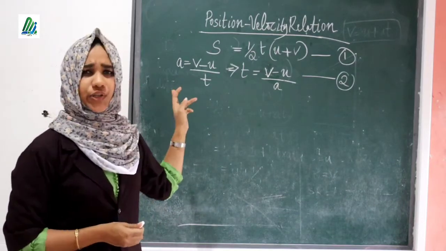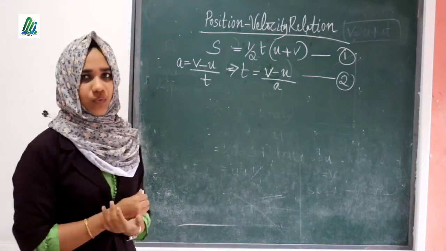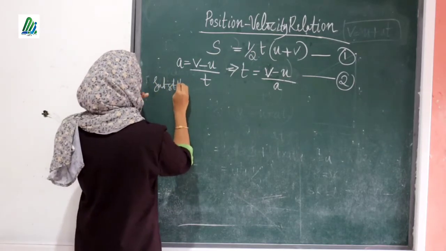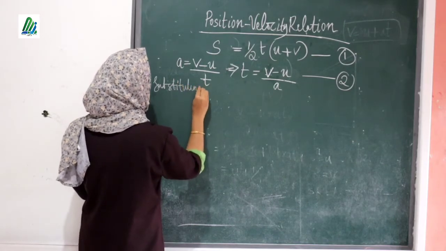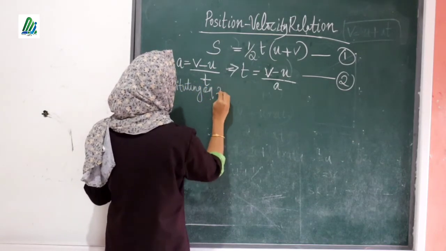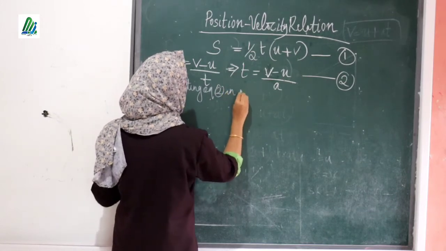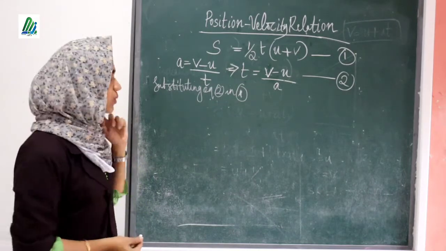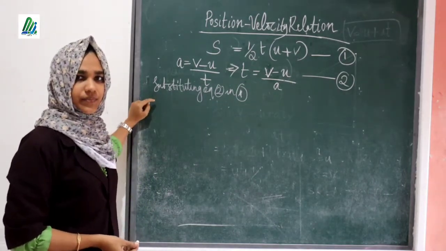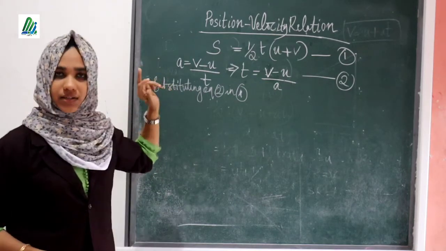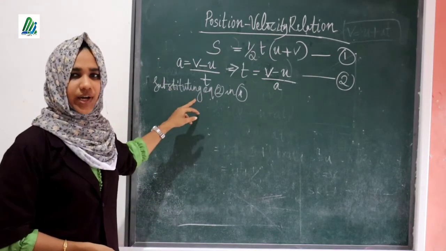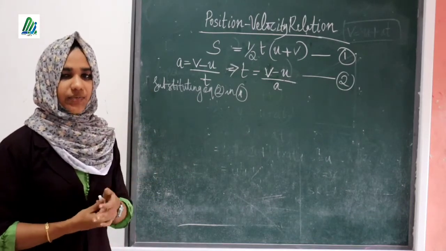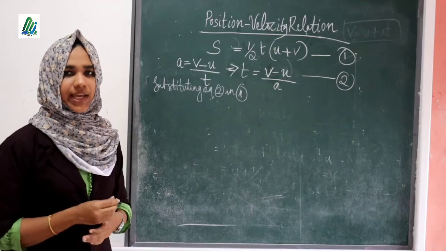I am going to substitute equation 2 in 1. Then how will we write? In the place of t, we can substitute v minus u by a.